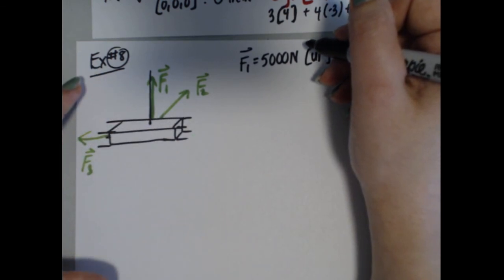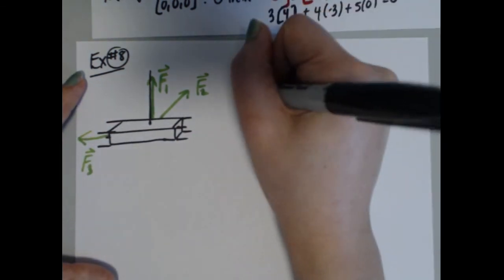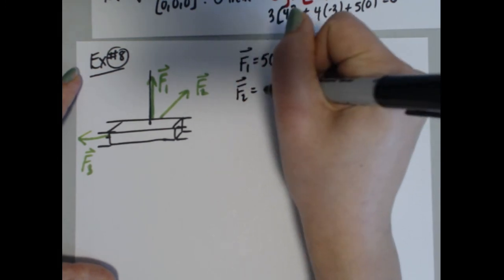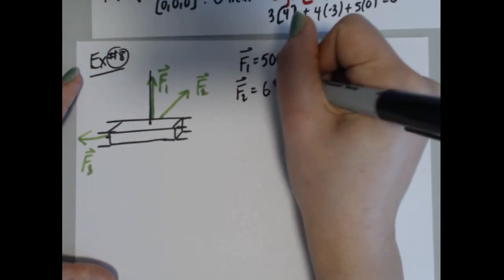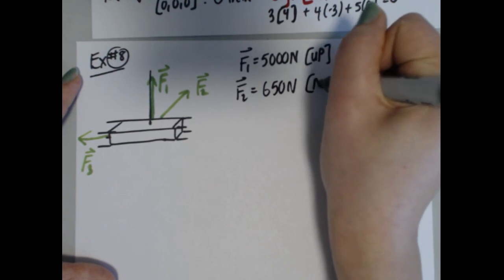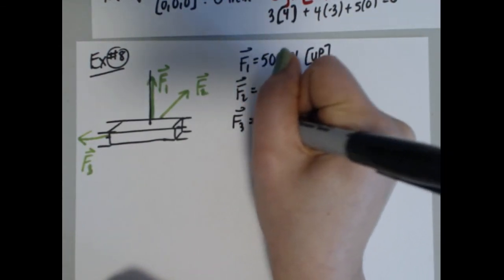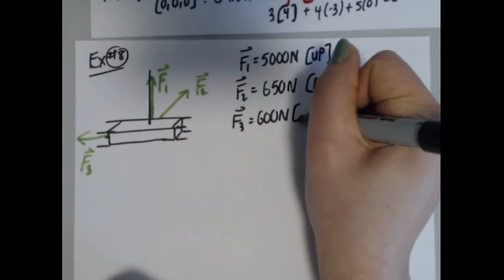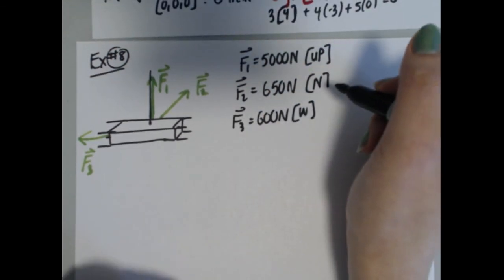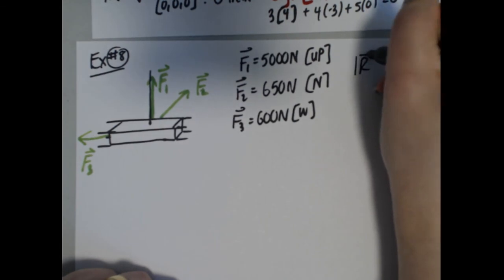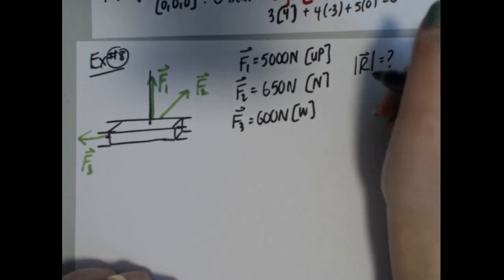North is not up. Up is perpendicular to north. F2 is going to be 650 newtons north. So this is north. And F3 is 600 newtons west. What we have to do is find the magnitude of the resultant force.